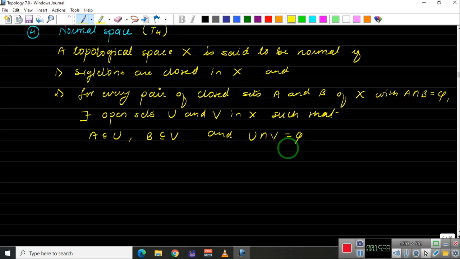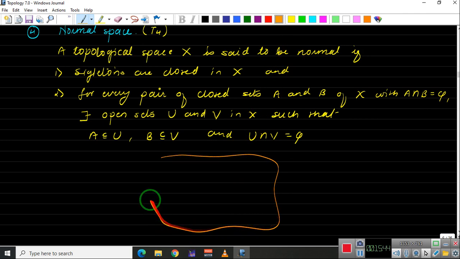So again, for your information, let us put that in a simple diagram. This is our full space X. We have two subsets, say this is our A, and this is our B, both closed sets.